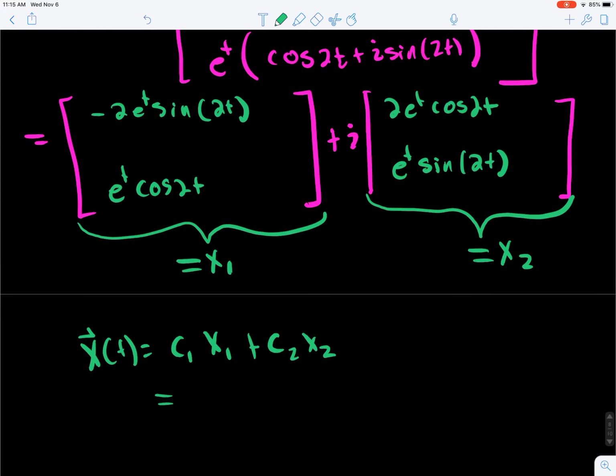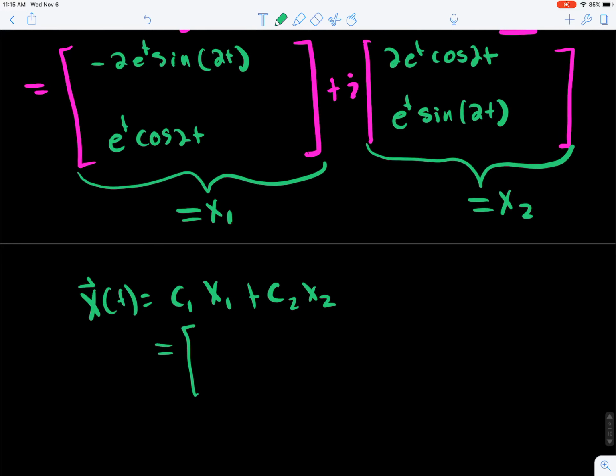And then we can always rewrite this as a matrix times the vector c1, c2. For the first column, you're just going to put the entries of vector 1, and then for the second column, the entries of the second vector.